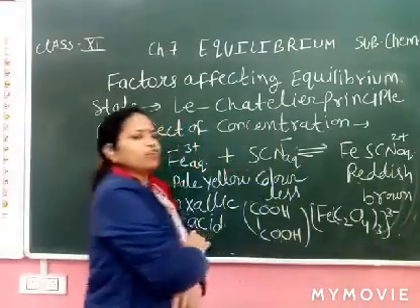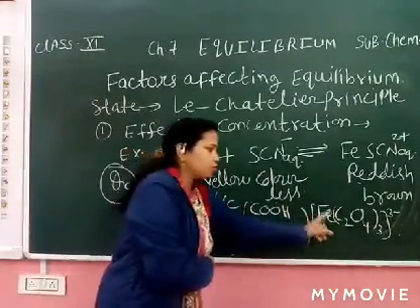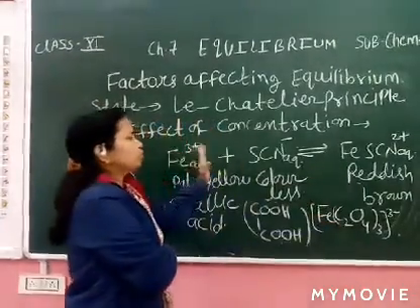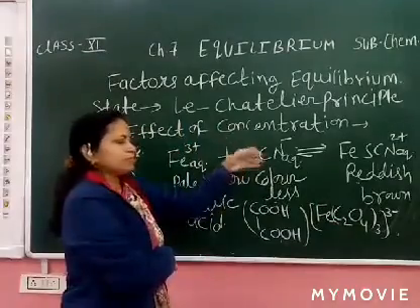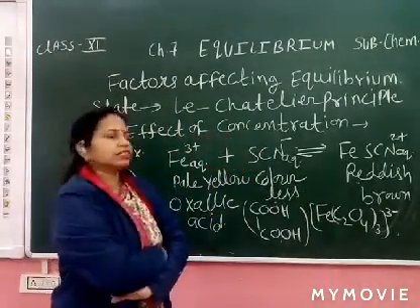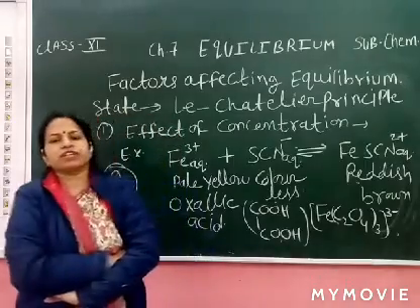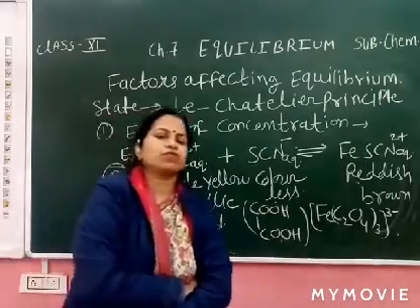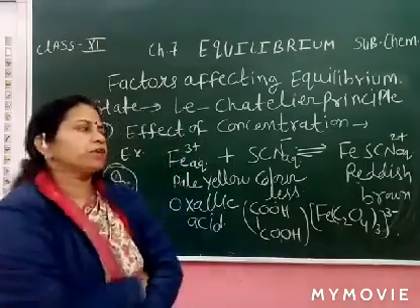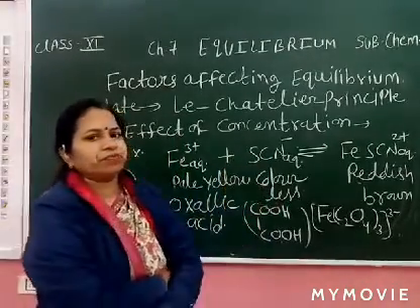Now you can see there is no free iron. If there is no free iron, how can potassium thiocyanate react with iron? So when we add oxalic acid to this reaction mixture, the reaction also takes place in the backward direction.